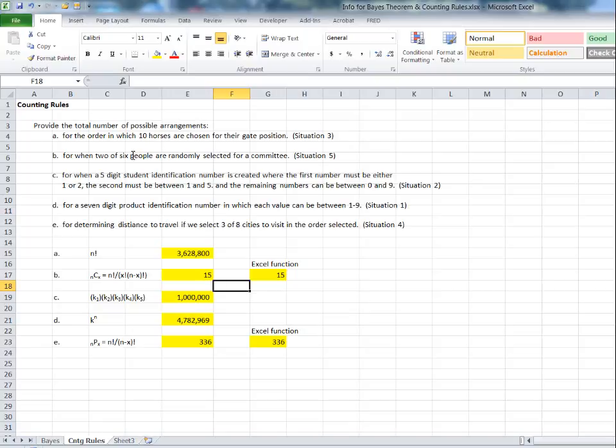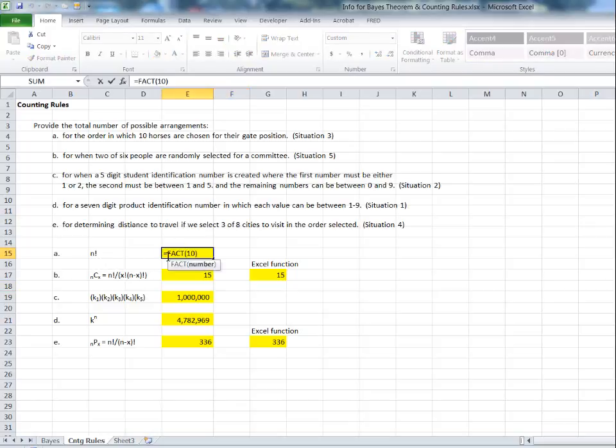Well, how many different ways can these horses be arranged at random? It turns out that you have 10 horses that have the possibility of going into gate 1. Let's say you're assigning 1, then 2, then 3, then 4. So first you'd have 10, then you'd have 9, then 8, then 7. So that's just 10 factorial.